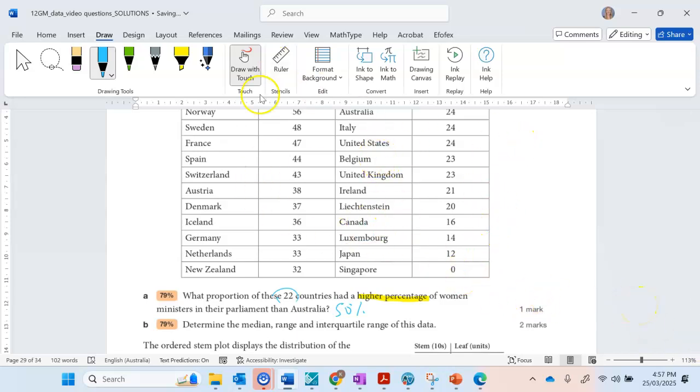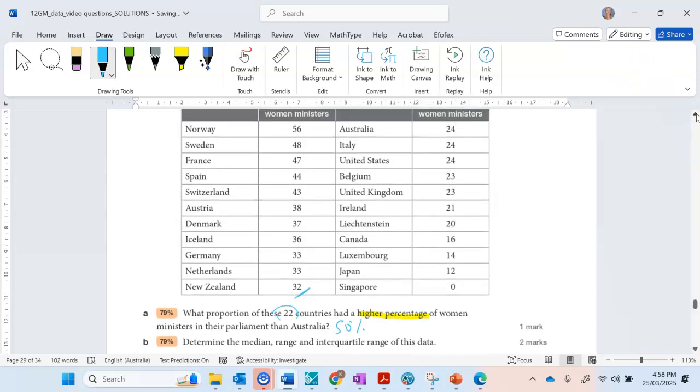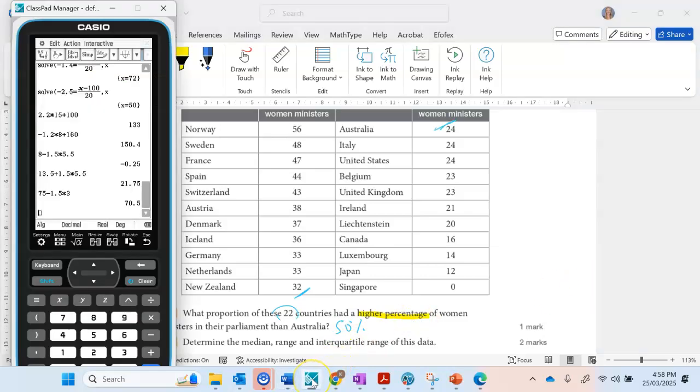So I've got 22 values. So they're in order, so halfway is going to be between 32 and 24, because we've got then 11 values either side. So I can just add those two values up. So 32 plus 24, and then if we divide that by 2, that's our median, which is 28.